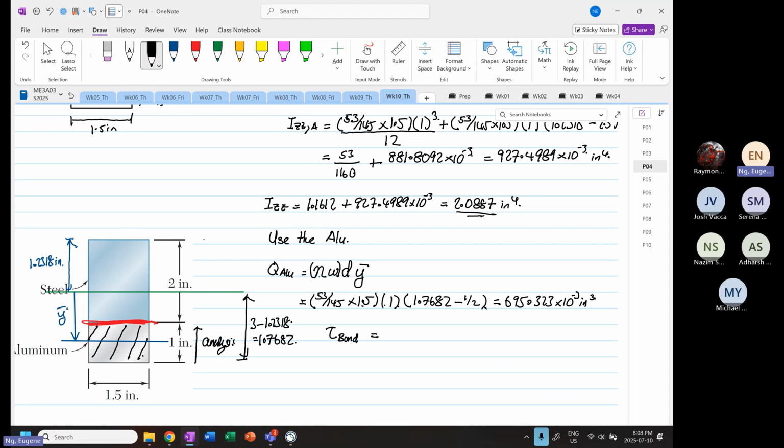So we know that V is equal to what? 4 times 10 to the power 3. IZZ, we found that out, 2.0887 times Q of aluminum, which is 695.323 times 10 to the power minus 3.